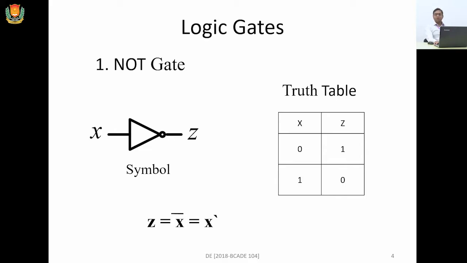The symbol of any logic gate or the Boolean expression of any logic gate represents the relationship between input and output. As you can see, the symbol for the NOT logic gate is represented by this, and the truth table shows the working of the logic gate.